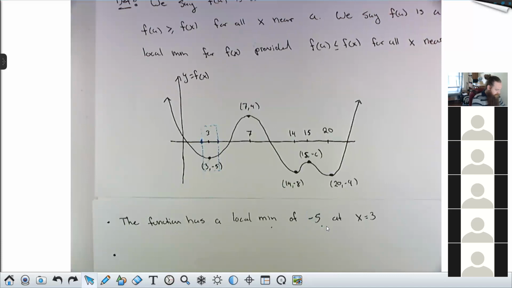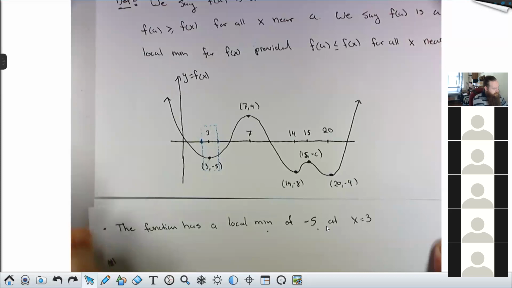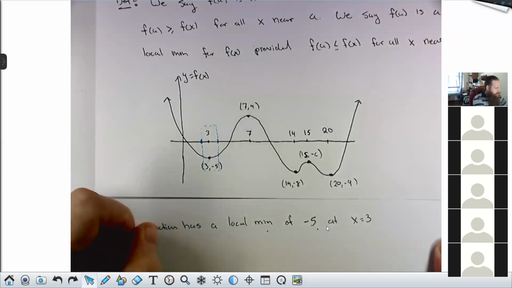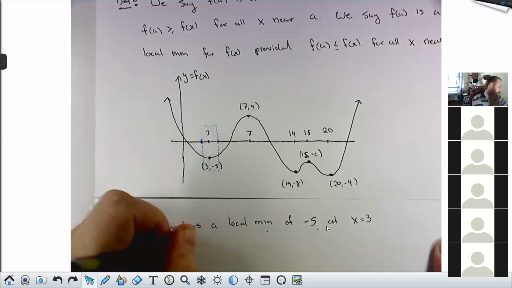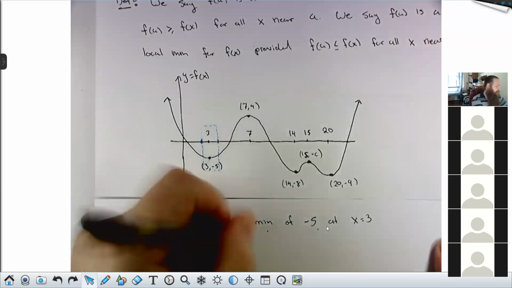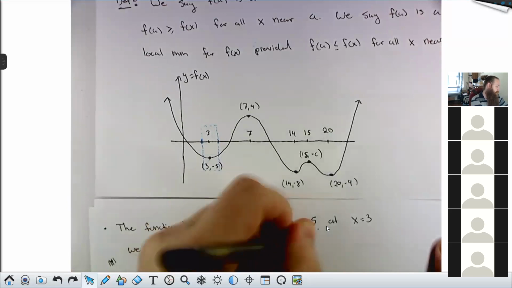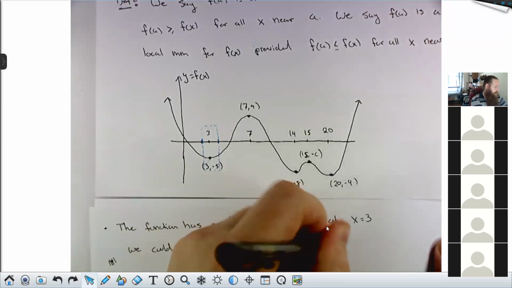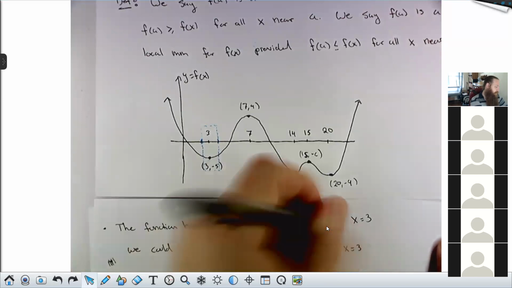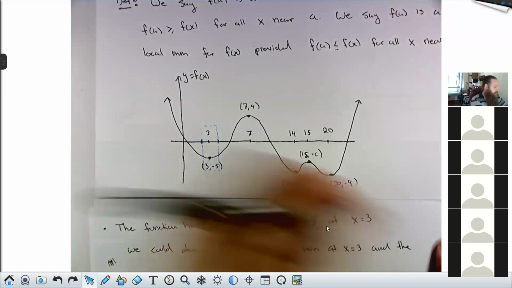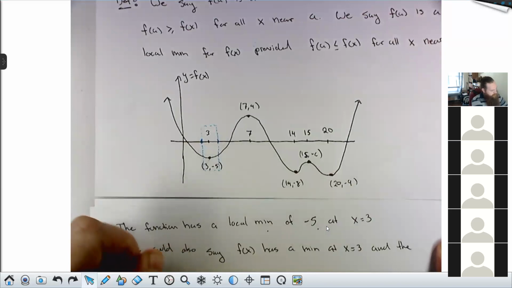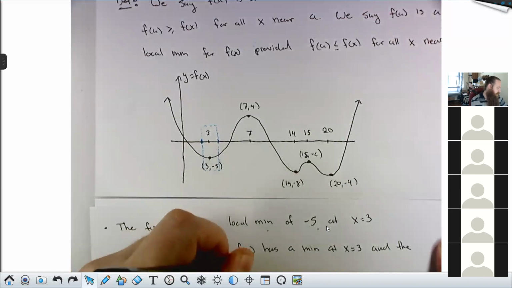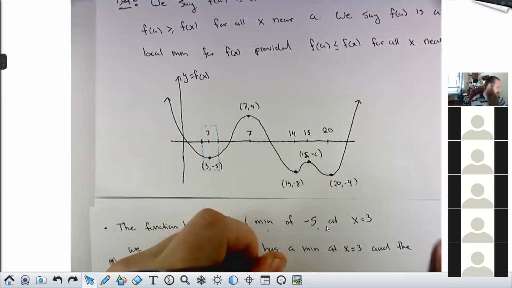So another way to say this, let me give you an alternate phrasing here. We could also say that f of x has a min at x equals 3, and the min value is f of 3, which is -5.